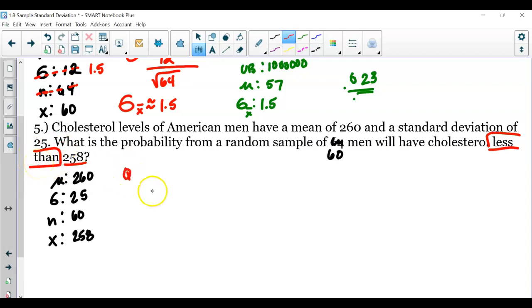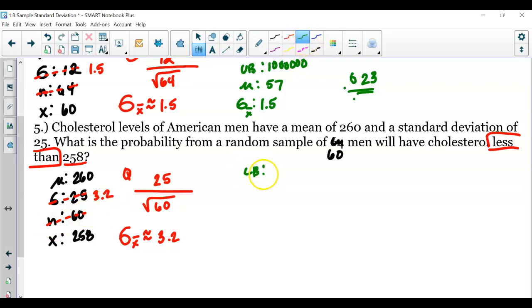So here we go. First, because it's a sample, we need to convert to get our new standard deviation. So standard deviation of 25 divided by the square root of 60, the sample size. So here the new standard deviation is approximately 3.2. So again, no longer 25, right, but 3.2, and we don't need our sample size anymore.